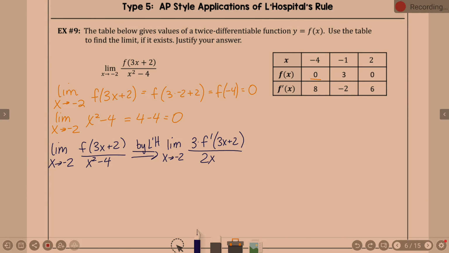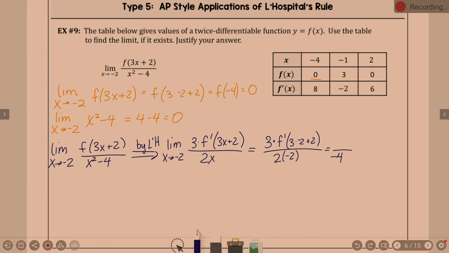Okay. Plug some values in and see what happens. 3 times f prime of 3 times negative 2 plus 2, all over 2 times negative 2. And here's the deal, I guess I should have stated this: I went ahead and started working because my denominator is not going to be 0, is it? It's not going to be infinity. I know I'm not using L'Hopital's again. I don't know what's happening with my numerator, but I know I'm going to have something here. So negative 4 for my denominator.